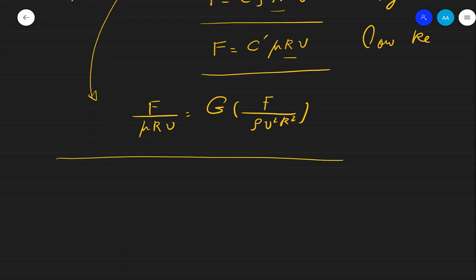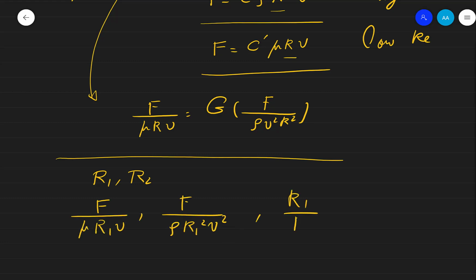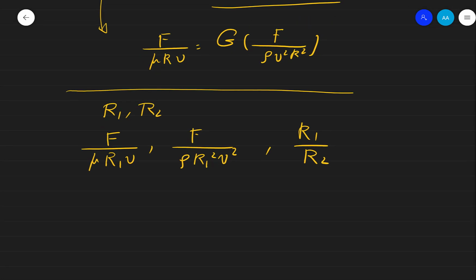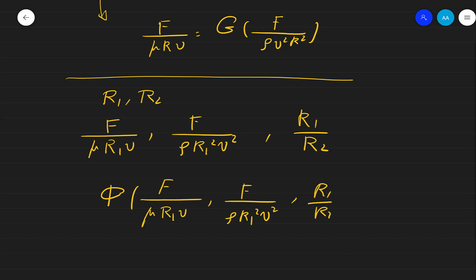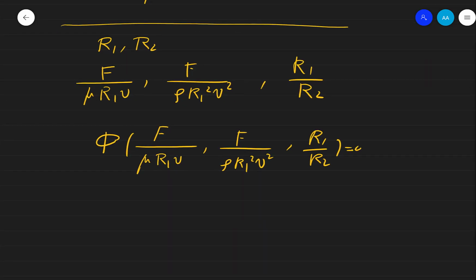For example, if the body's shape has more than one characteristic length, for example R1 and R2, then the dimensionless quantities are these, and the equation governing the moving body in the fluid is something like this, or this.